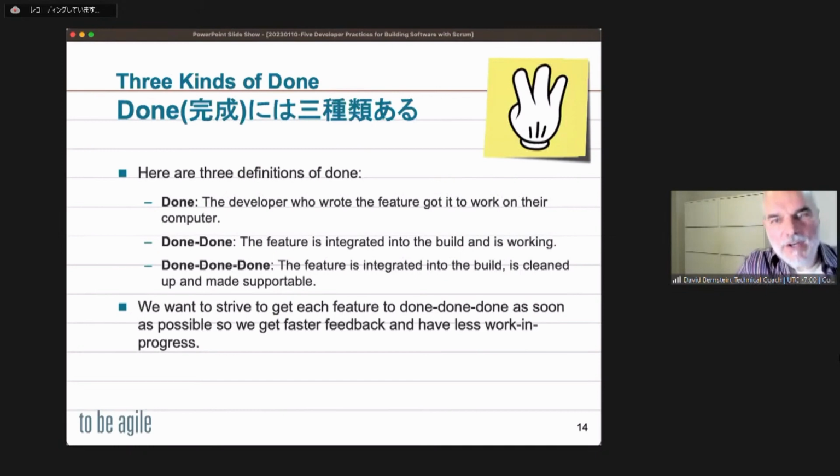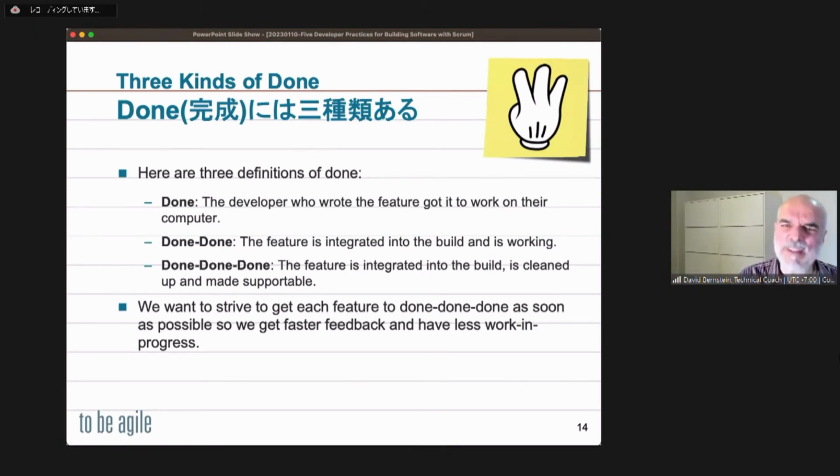In Scrum, we talk about a definition of done, and I have 3 definitions. There's done, which means that the feature works on the computer for the developer who wrote it. But that's really not enough. So Scrum defines what they call done. And done means that the feature not only works on the developer's machine who wrote it, but is also integrated into the build.